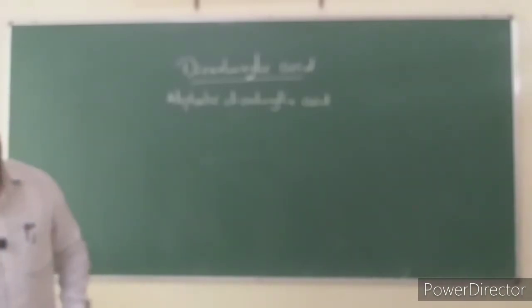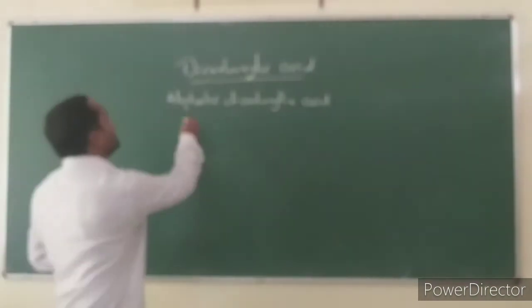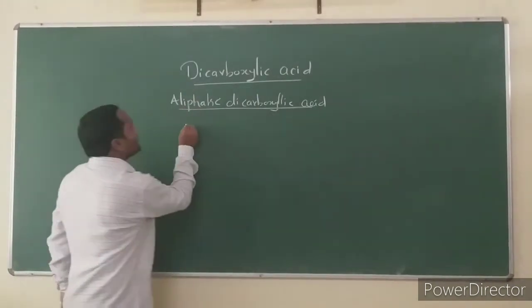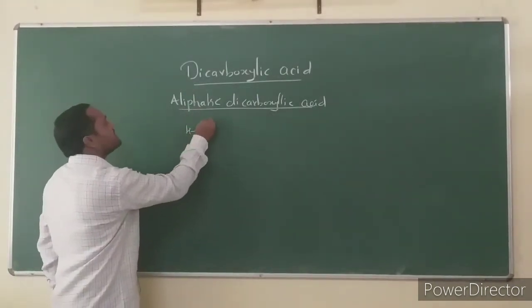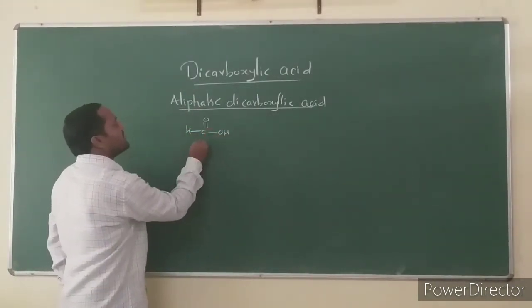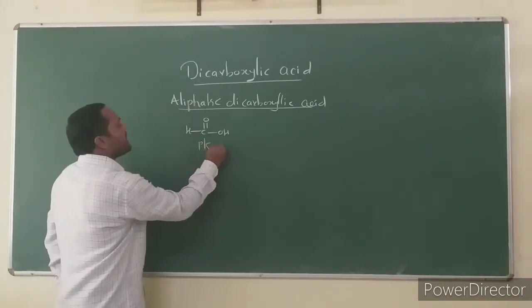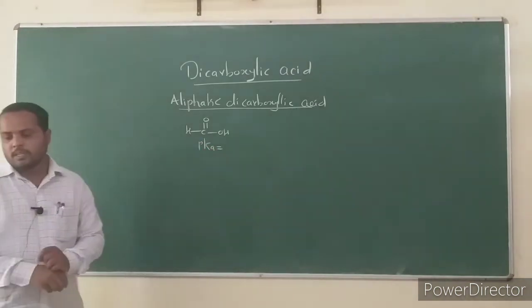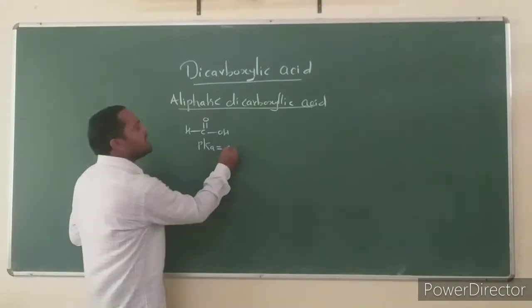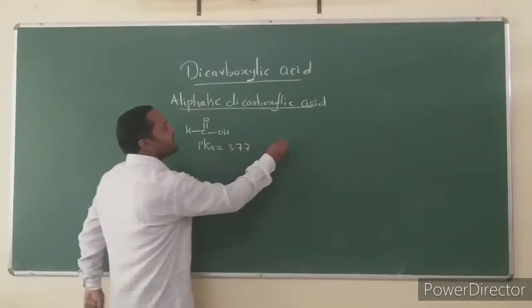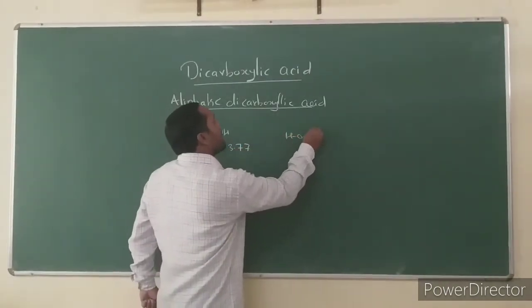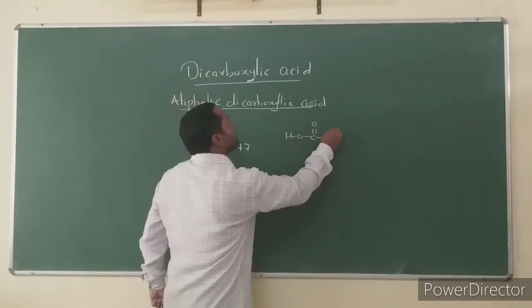Then consider the examples for aliphatic dicarboxylic acid. We consider first formic acid. It is a monocarboxylic acid. This formic acid has a pK value of 3.77. Consider another dicarboxylic acid.